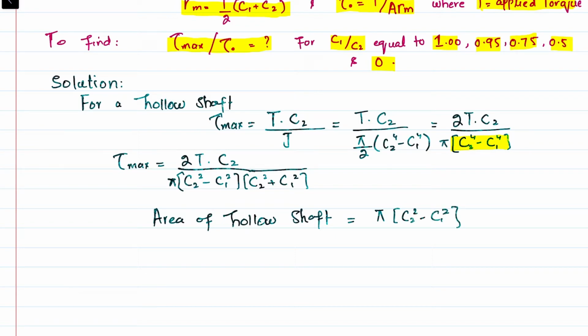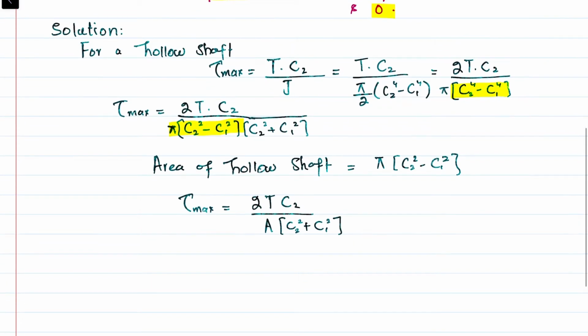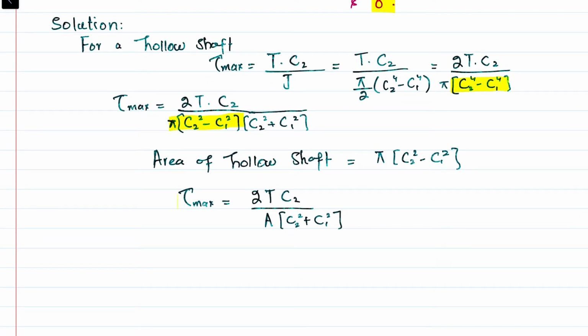So this term will be replaced by A. We rewrite the maximum shearing stress as 2T into C2 divided by area into C2 square plus C1 square. So this is the maximum shearing stress for a hollow shaft.